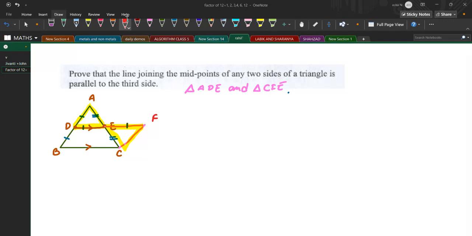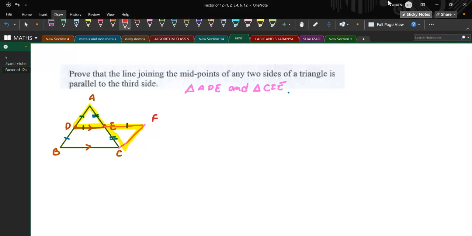One is vertically opposite angles. See, AE is equal to EC. It is given in the question. DE is equal to EF. That we have done in the construction.